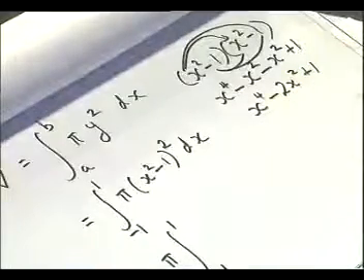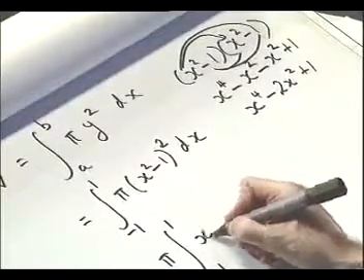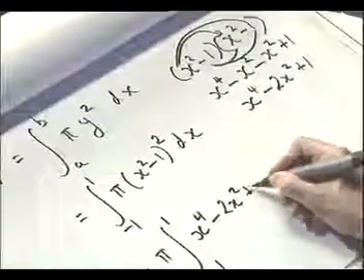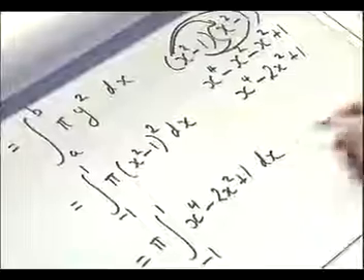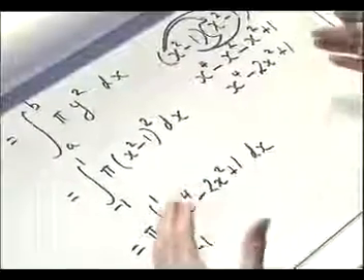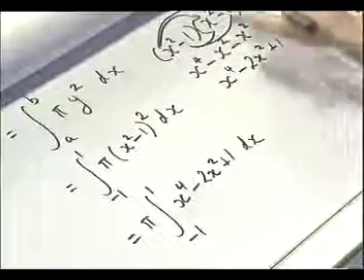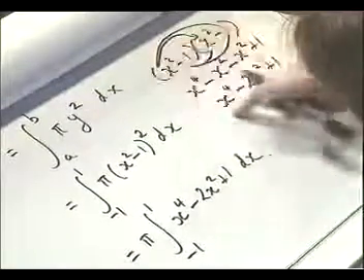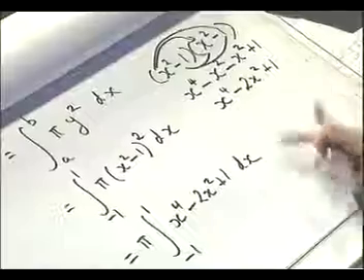So this is y squared, which we can write in here. X to the 4th minus 2x squared plus 1 dx. Notice that it is important to make sure you get this square right, and so it's a good idea to do it at one side, to write it out in full, just to make sure you get it right.